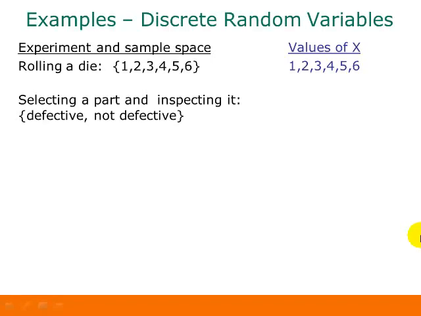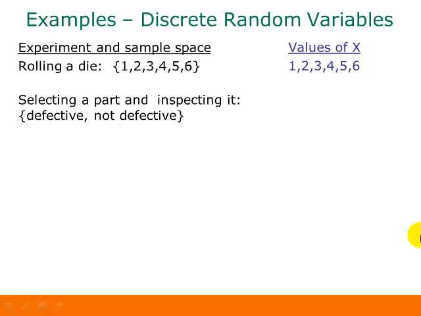Another experiment would be selecting a part and inspecting it. Now the possible outcomes for this experiment would be either that the part's defective or that it's not defective. Now when we're defining a discrete random variable, we have to give it numerical values. So we would have to define some numerical values to represent defective and not defective.